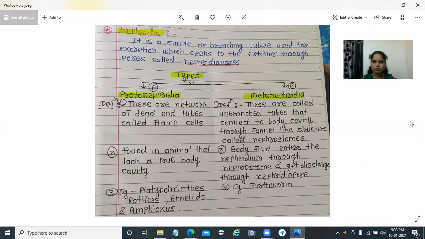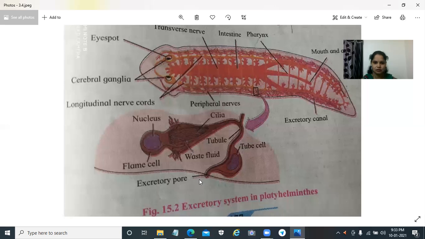Let's study the structure of protonephridia. Look at this picture. This picture shows the excretory system present in Platyhelminthes. Look at this, this is a flame cell. Yes, we know about that flame cell. Flame cells are a network of dead-end tubes having a nucleus, and different kinds of cilia are present here.